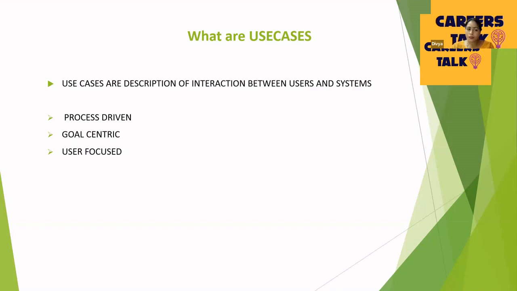So it's goal centric and user focused. Use cases are always written from the user point of view. It says what the user needs in order to achieve this. So how the system should be designed so that the user gets a desired output from that system.